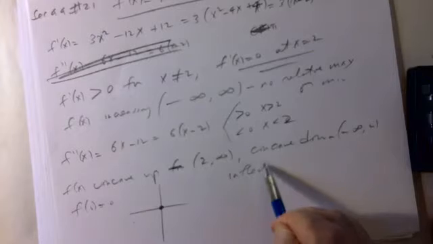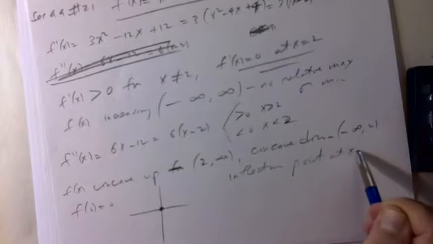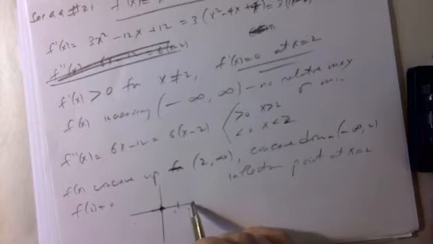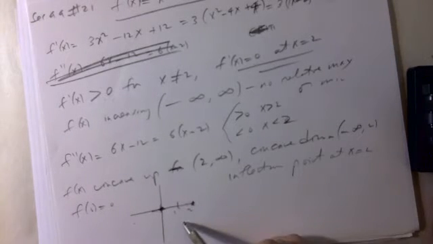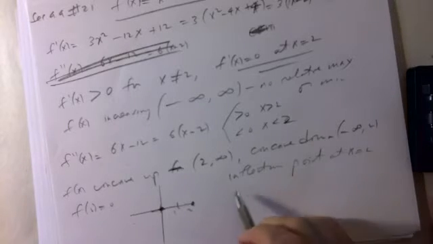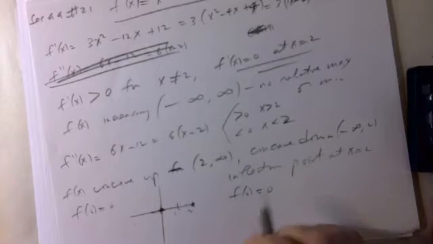First of all, we know there's an inflection point at x equal 2 because the concavity changes at x equal 2. Let's see, f of 0 happens to be equal to 0.